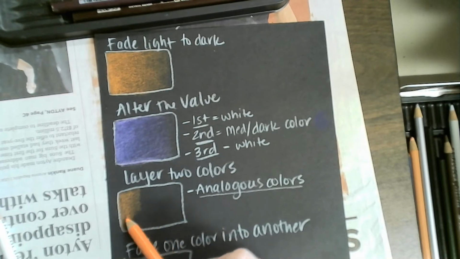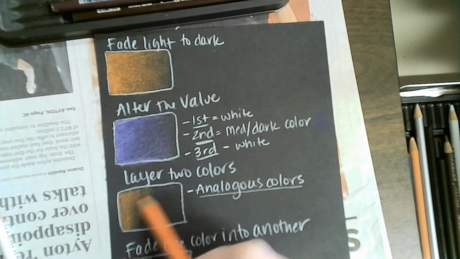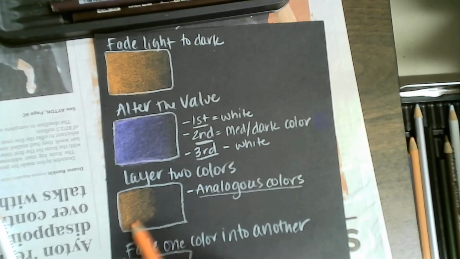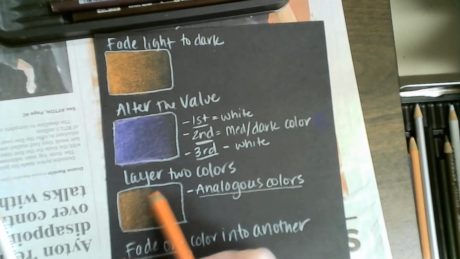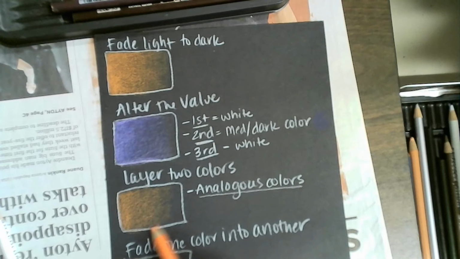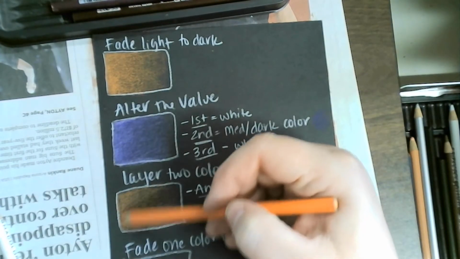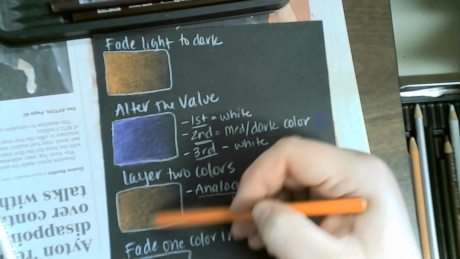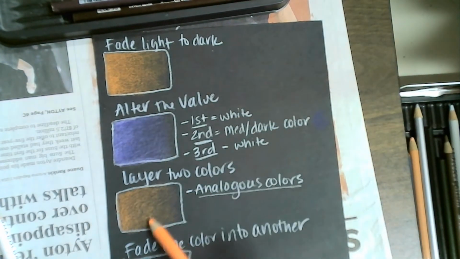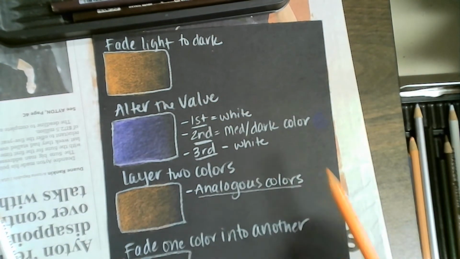And so by the time I get to the middle, I'm definitely fading out. I'm going back and kind of fixing and filling in some gaps where it doesn't look smooth.